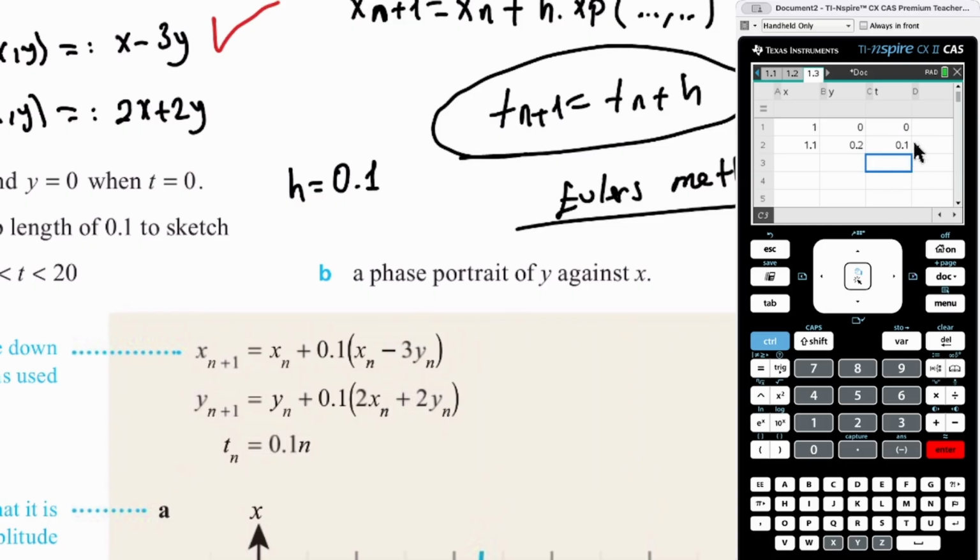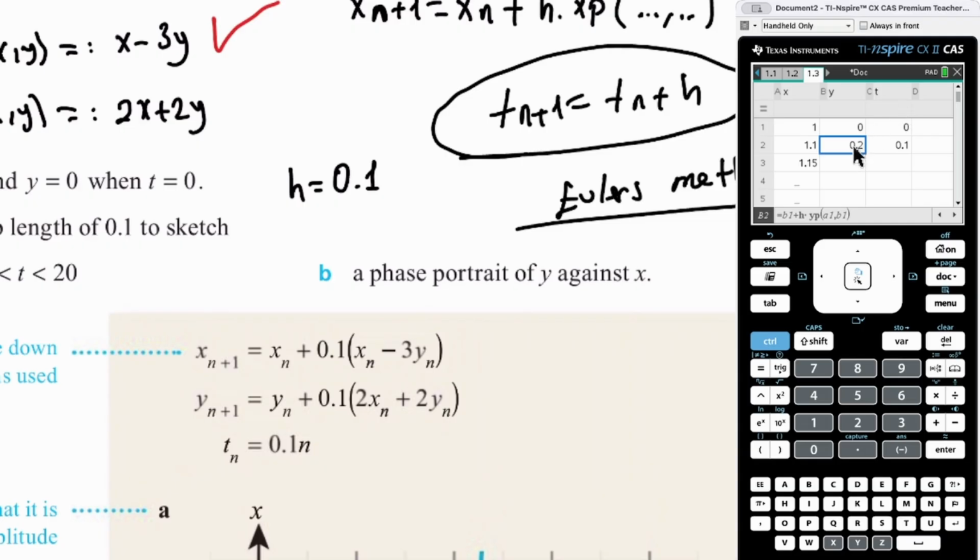Now I need to fill this table and sketch the graph, right? I'm gonna fill this table, and I will go to T and sketch the graph. Okay, first of all, I'm gonna sketch this one, data, menu. I need to fill this table, data, and fill. I'm gonna go down a bit. Okay, then and enter. Doesn't fill because I need y values also, right?